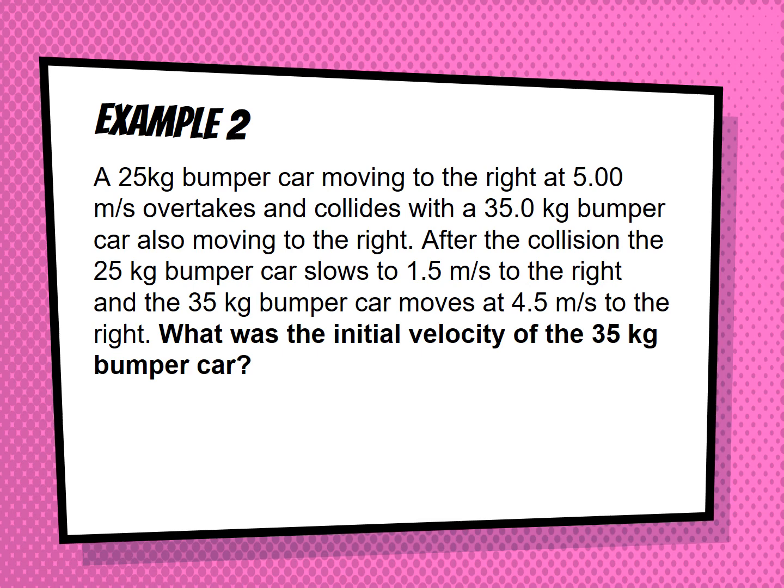Okay, so we have two bumper cars in a rear end collision. The 25 kilogram bumper car bumps into the back of the 35 kilogram bumper car. So before the collision, we have two bumper cars. And after the collision, we still have two bumper cars.